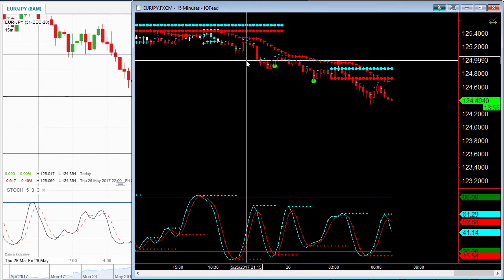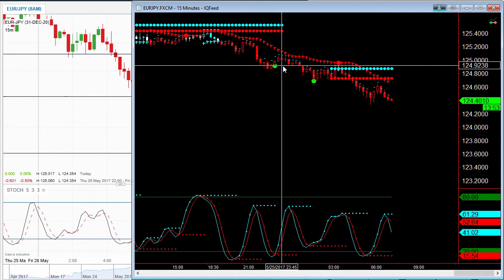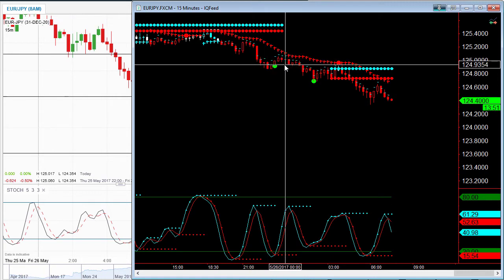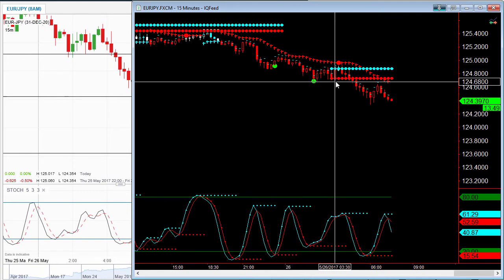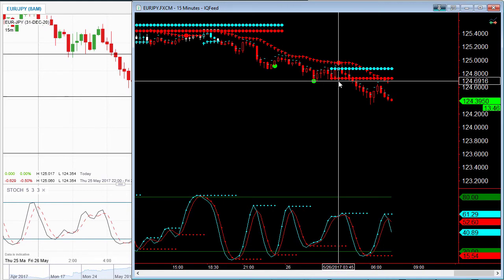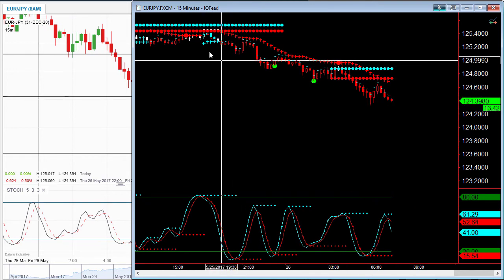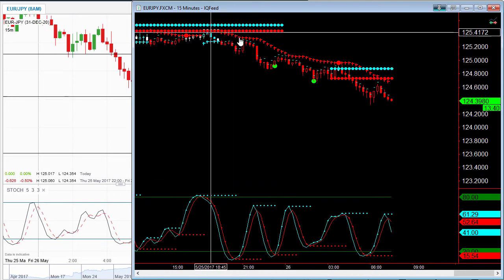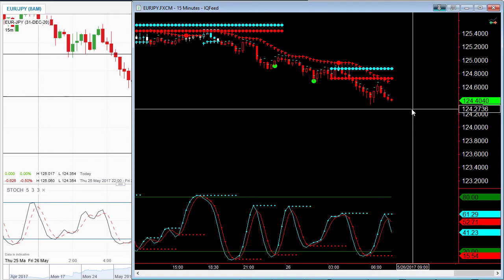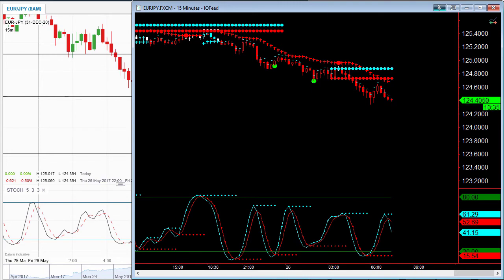Then you had another entry over here, another entry here, an entry here this morning at about 3:45, and then the entry that I just took. So that's a lot of entries on the euro yen, and all of them were quite good actually.